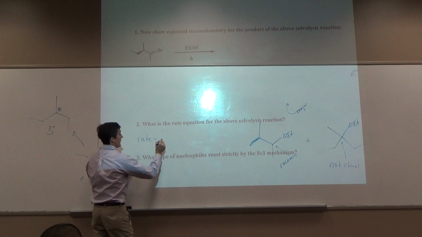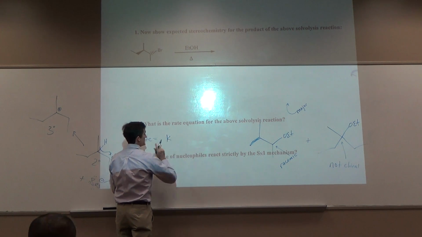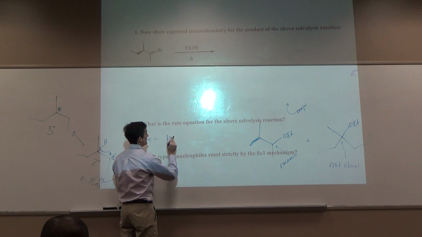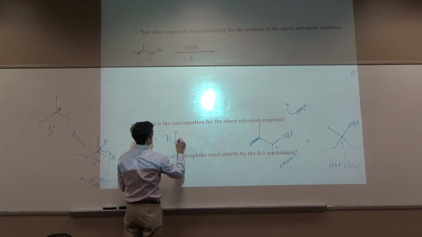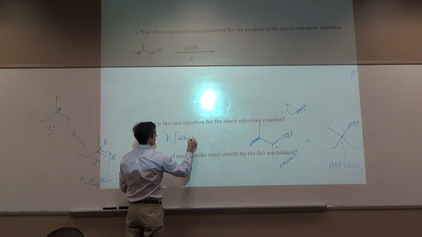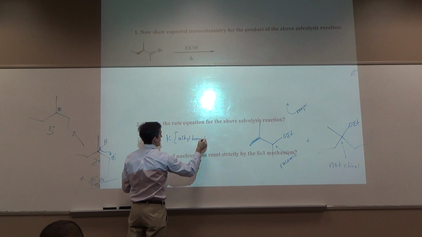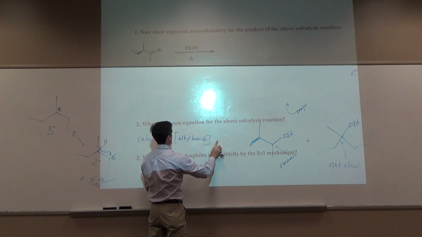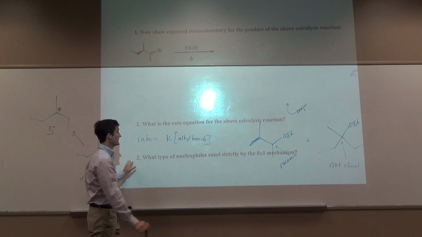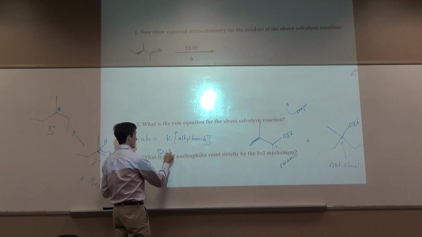K times some type of constant, then what? Concentration of the product. I'm going to call it alkyl bromide. Anything else? That's it. It's SN1.